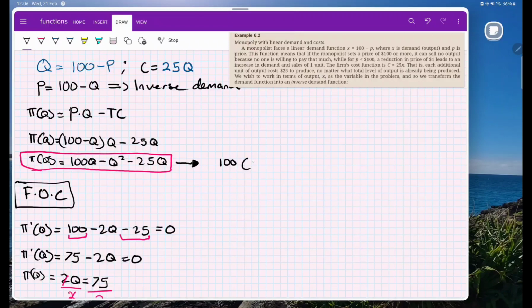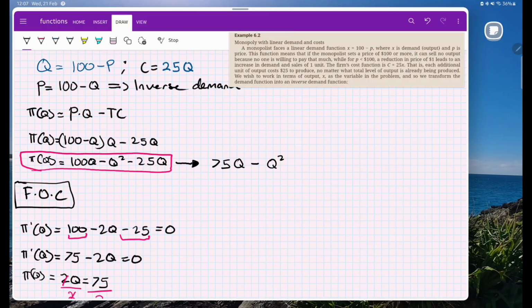Well, first you could actually combine like terms here, and you can plug it into that.